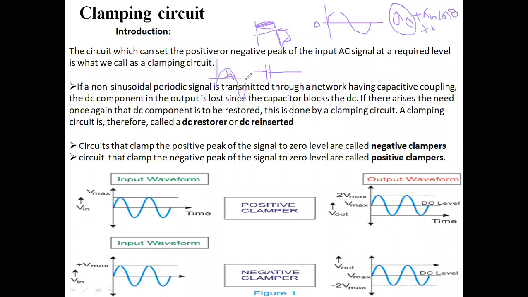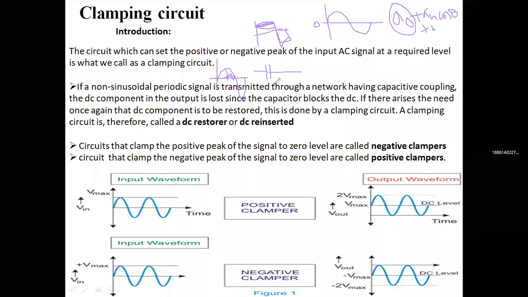But when you go for analysis, if you apply Fourier analysis to this waveform, there are n number of components in this signal. One of the components is the DC component. This capacitor offers high impedance for DC, because the impedance is 1 by 2 pi FC, where F is 0.